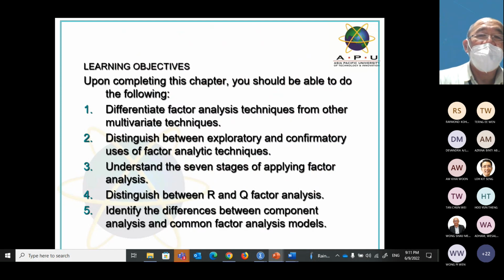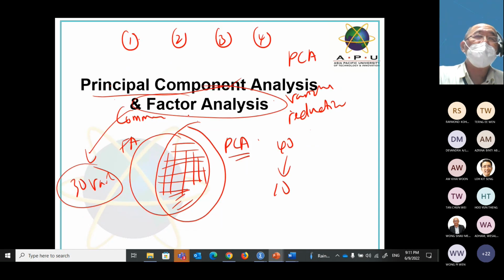Now we are going to differentiate factor analysis from the other multivariate techniques. This is a good example to see the difference between this and multiple linear regression. Here it is an interdependence technique. You need all the variables at the same category, same level.